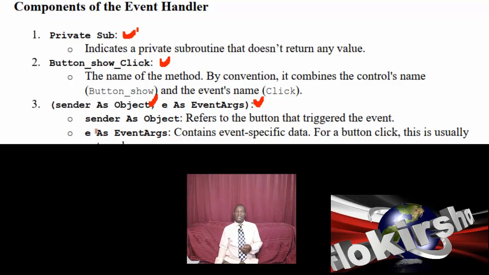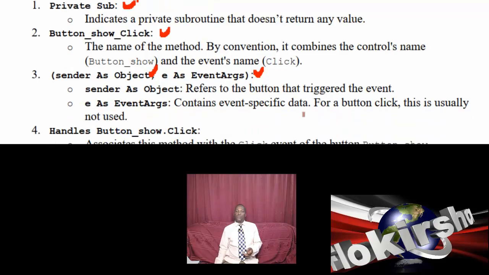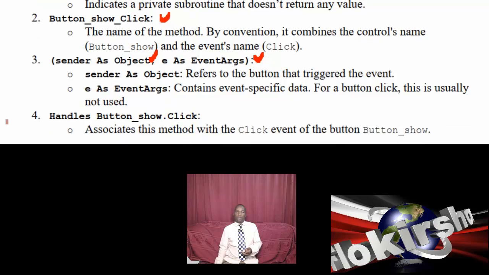Then e As EventArgs contains event-specific data, and for a button click this is usually not used. Then number 4, we have Handles button_show.Click. Now this associates this method with the click event of the button show.